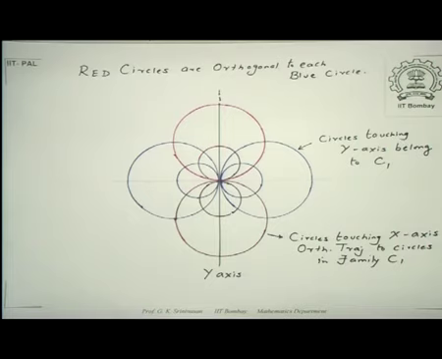And these red circles are circles tangent to the x-axis at the origin. That's a nice picture, and we'll come back to these 2 families of circles in the next part of this lecture series.